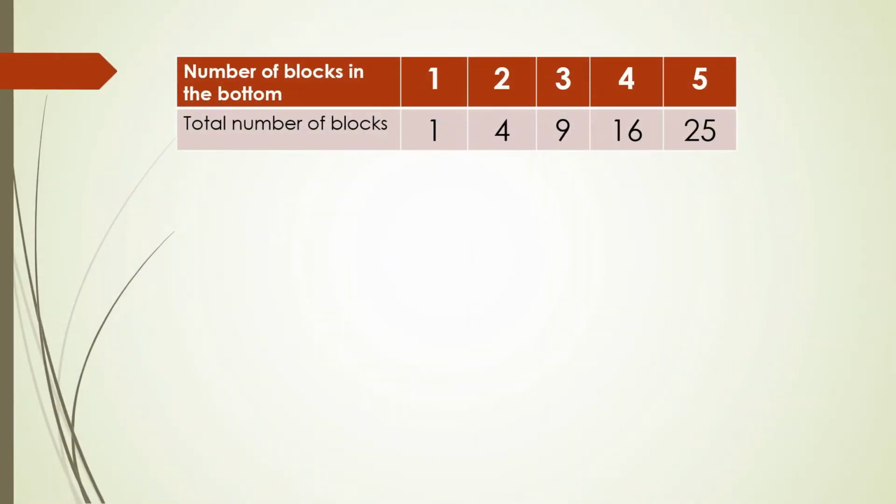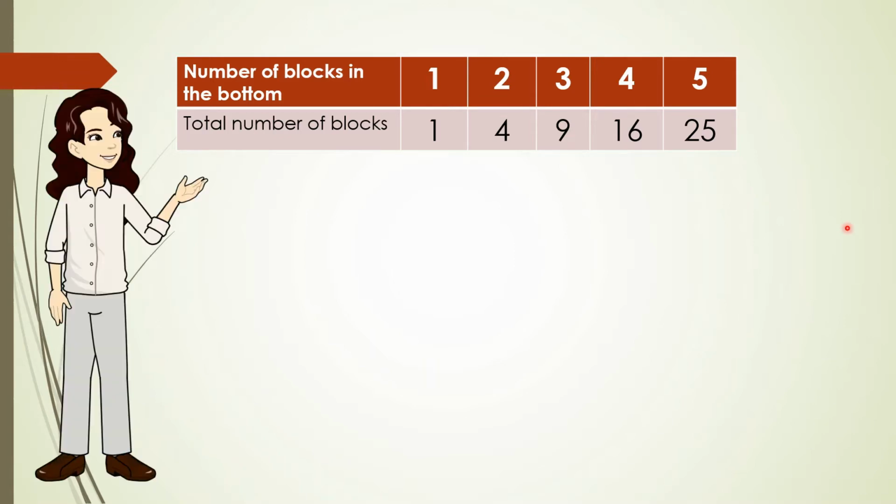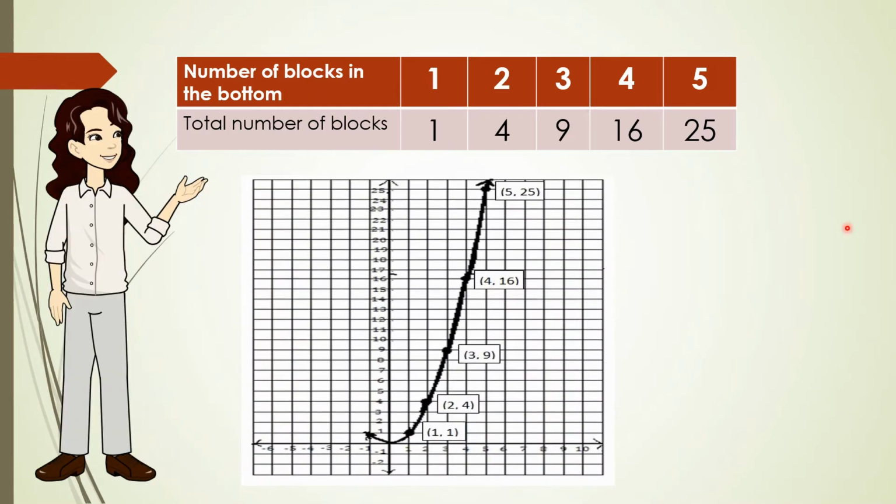Okay, how about this one? The same example of table of values. So we have total number of blocks, 1, 4, 9, 16, and 25. Number of blocks in the bottom are 1, 2, 3, 4, and 5. So look at that. If you are going to graph this table, the number of blocks in the bottom, that is x, will become the x coordinate.